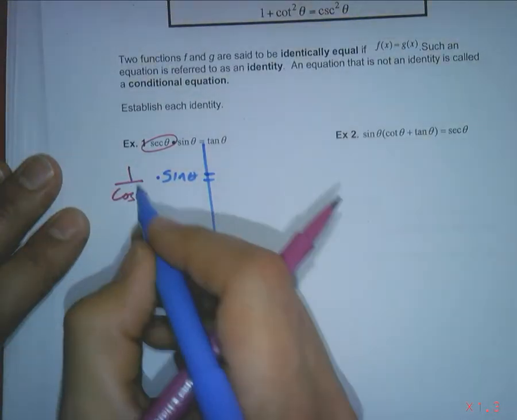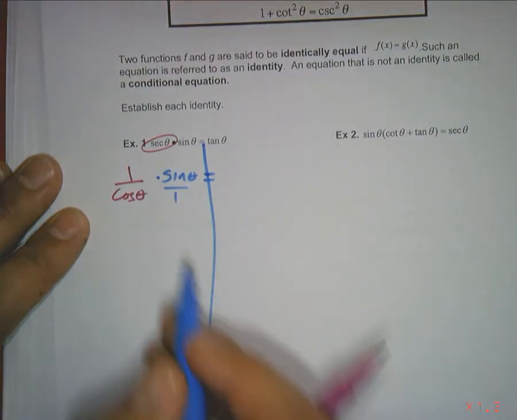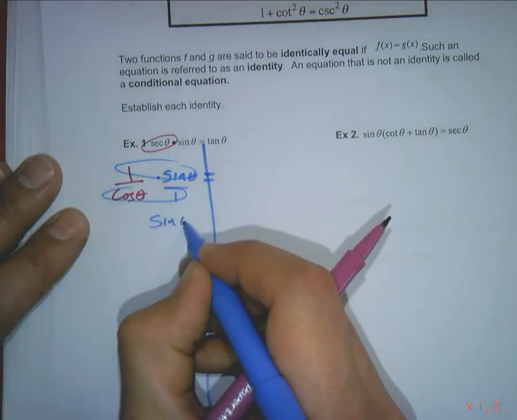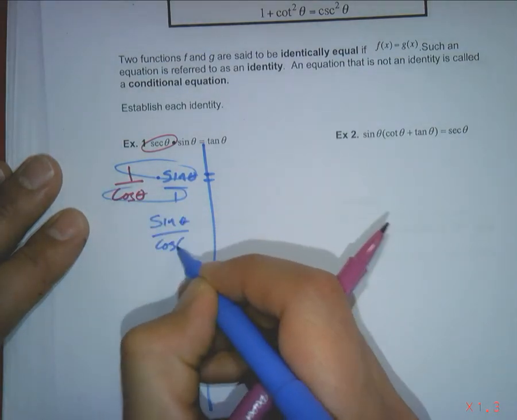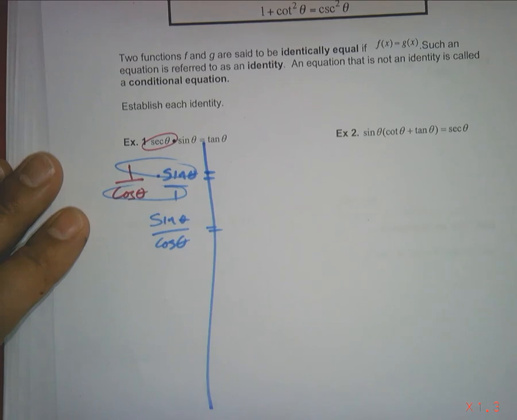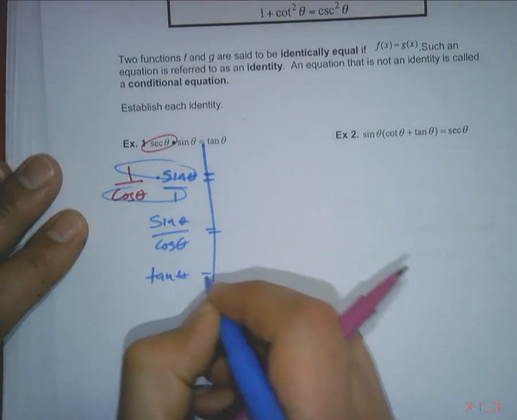Well, if I have 1 over cosine times sine, think of fractions being multiplied together. You multiply the tops and the bottoms. This ends up to be sine over cosine. And we know what sine over cosine is, right? What's sine over cosine? Tangent. And there we go.